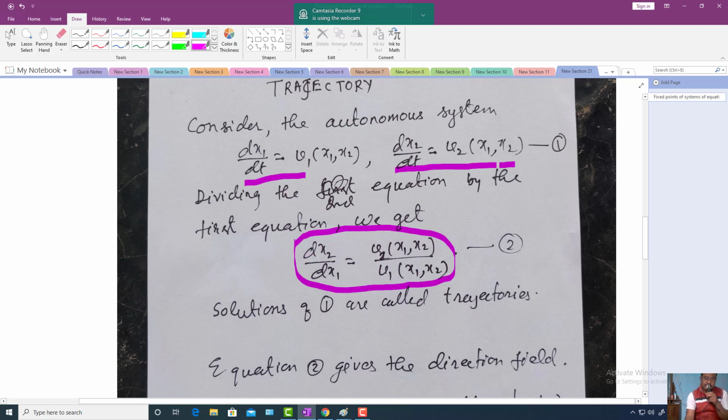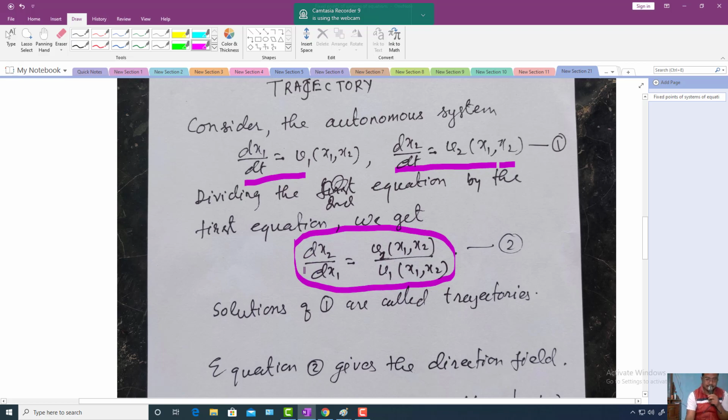Likewise, in the linear first order system we did earlier, here also you can talk about the direction field. In the earlier case, the direction field was for the single variable x and the time variable. Here, for an autonomous system, we are talking about a direction field for the phase space, that is the x2 variable and the x1 variable.